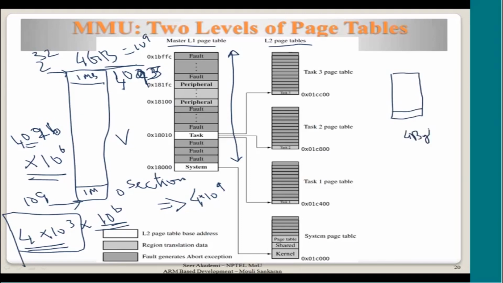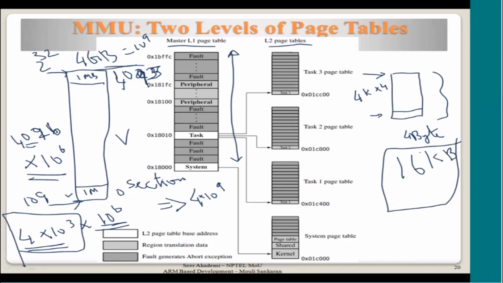In that case, since I split this 4 GB space into 1 MB and I am keeping one entry for every 1 MB in the page table, there will be 4096, 4K entries into 4 bytes each. So totally it may occupy 16 kilobytes of space. It is a fixed 16 kilobytes we need to keep for this master page table in the memory.